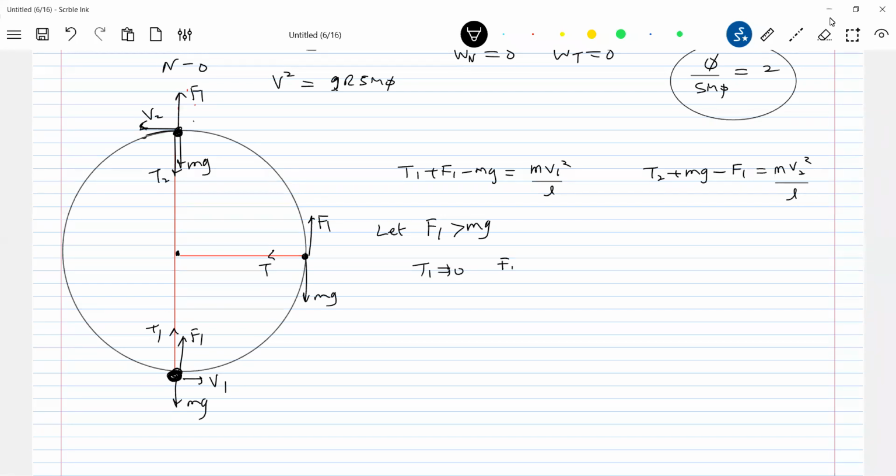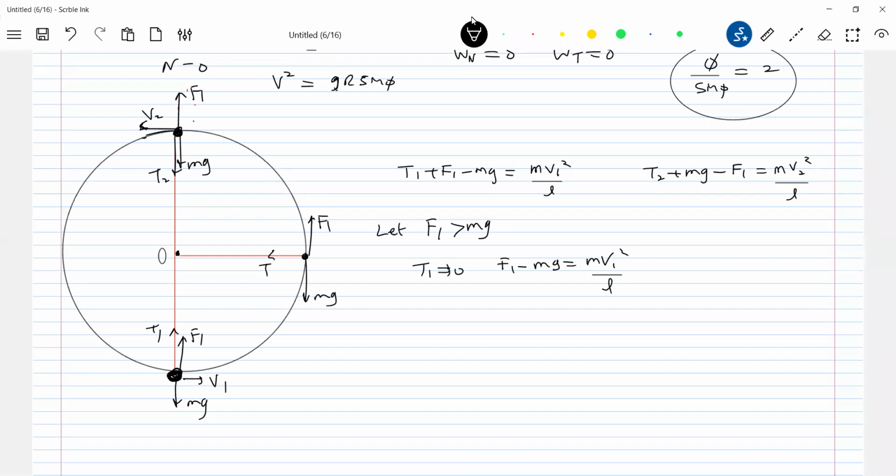Then we'll provide the required centripetal force F1 minus mg. Here, if F1 is greater than mg and tension T2 becomes 0, I think that's not possible, no? There won't be centripetal force to complete the circle at point 2. There won't be a force acting towards the center.